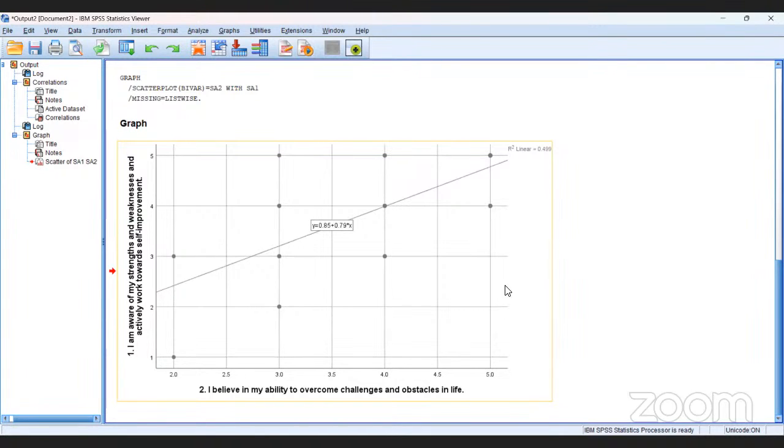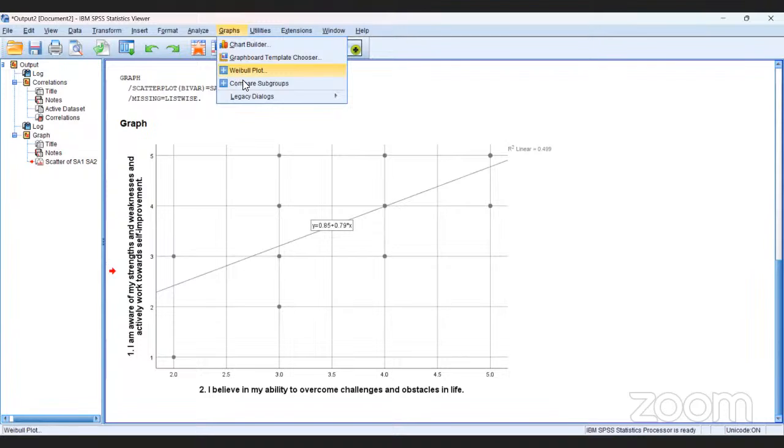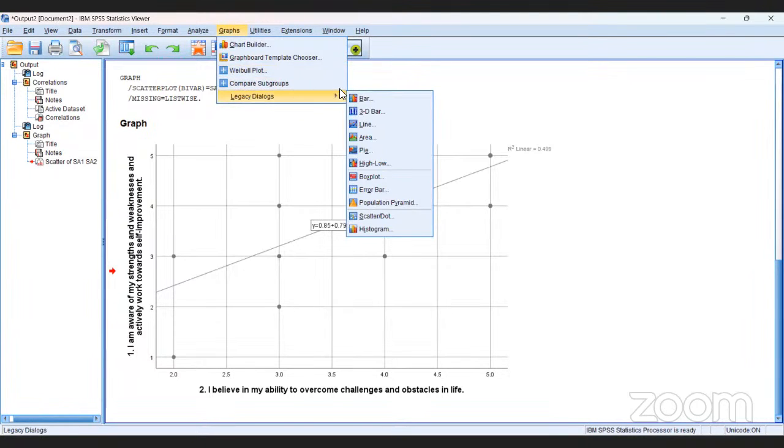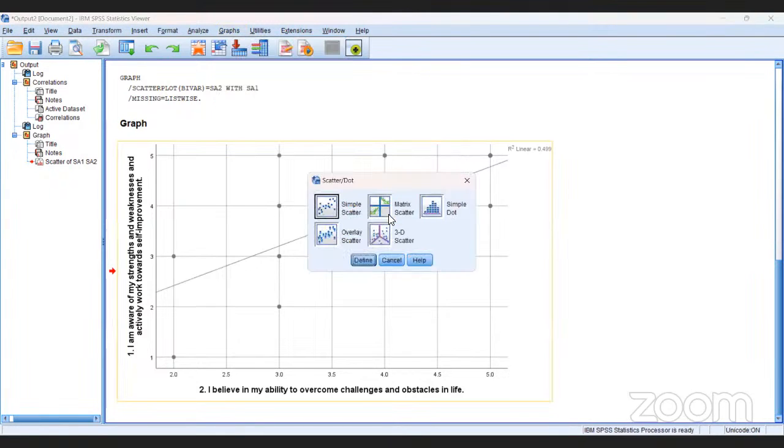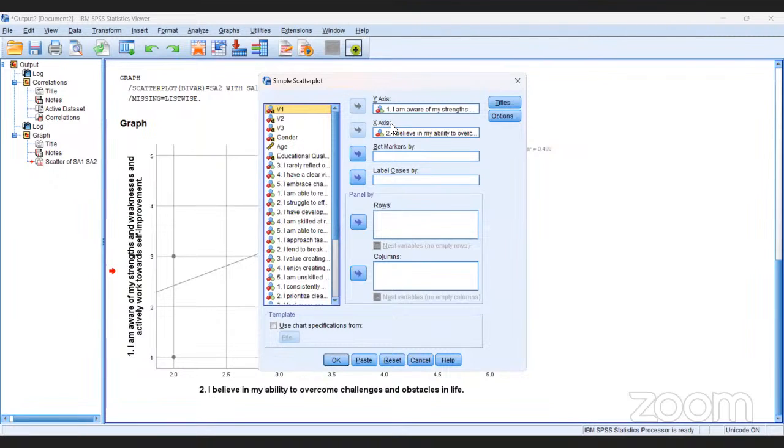So now you have understood another interesting thing. Since it is not correlated with number 3 item, I can show you the legacy dialog for the scattered dot. Simple scatter. I click define. Instead of number 2, I click number 3. And then I click OK.